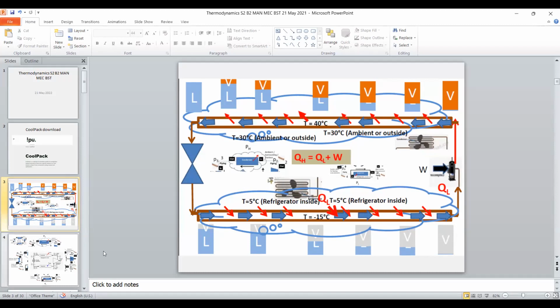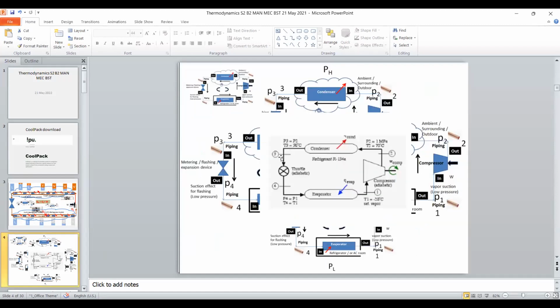And here you see four components. The four components make this cooling effect possible.